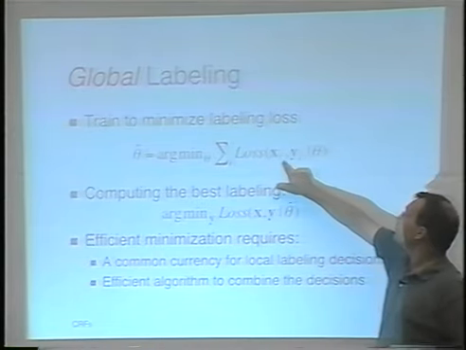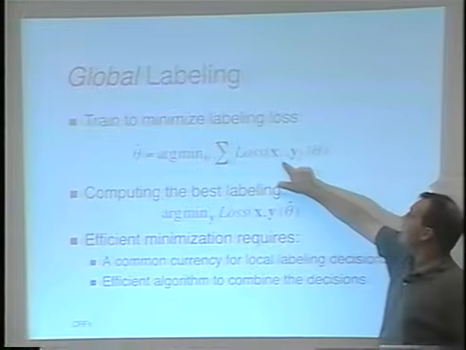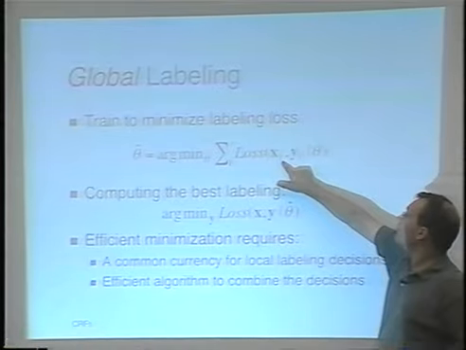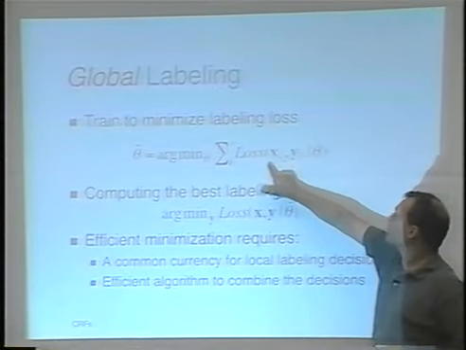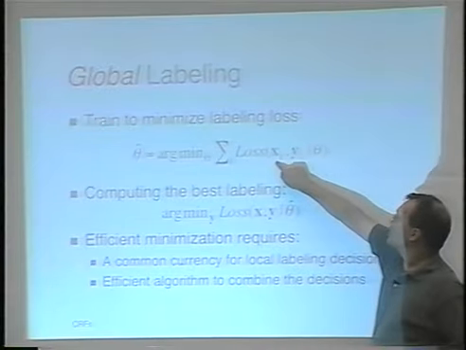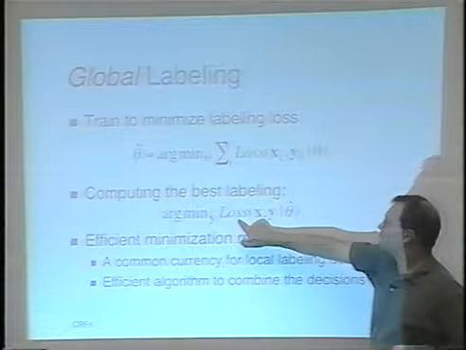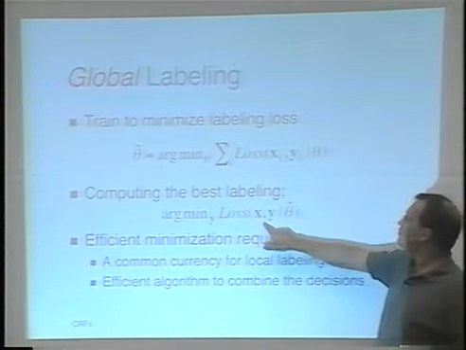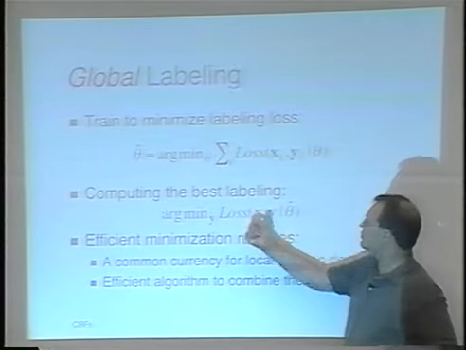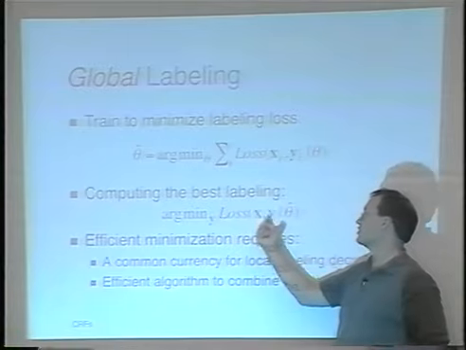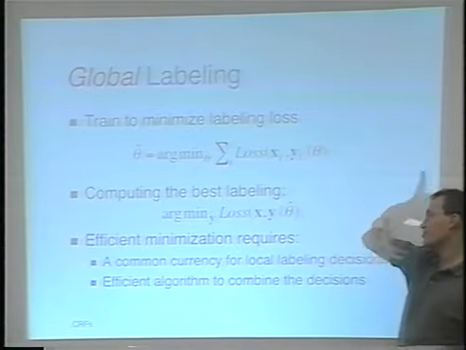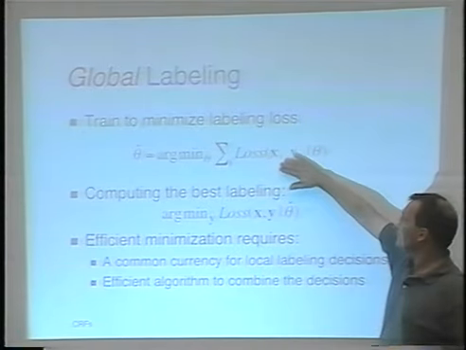For a particular training instance, this is an objective function that, when you try to find the correct labeling for a new sequence, you're going to try to minimize that loss, or maximize some converse objective function.